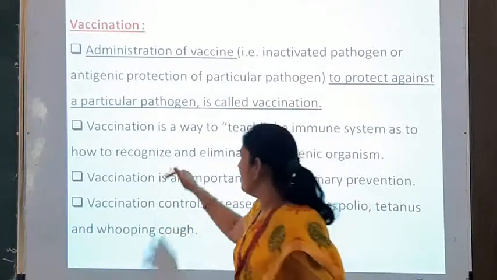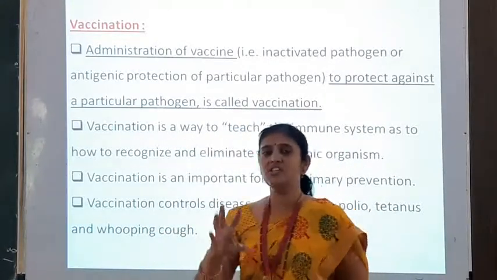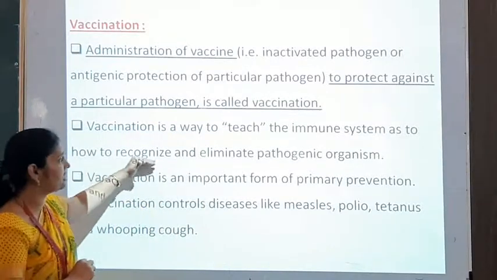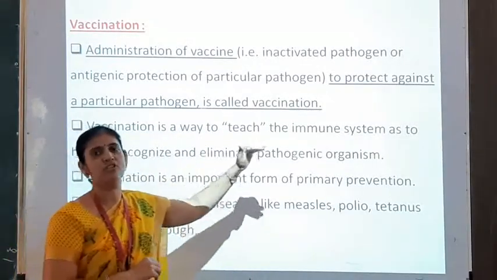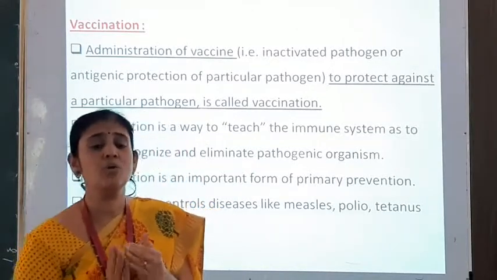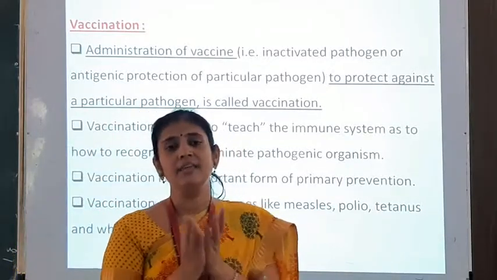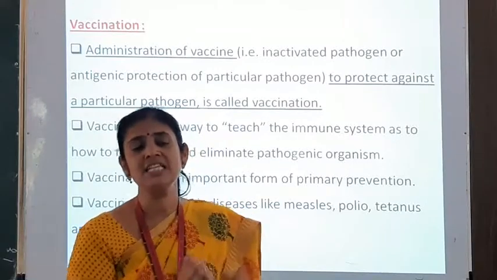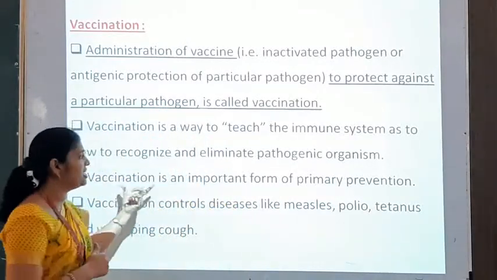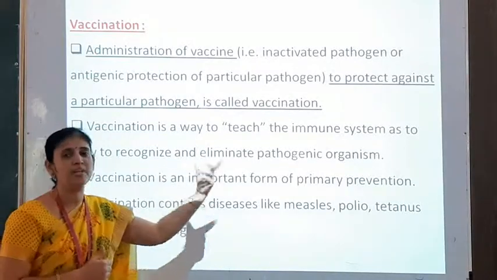So vaccination is a way to teach our immune system to recognize and eliminate the pathogenic organism. How to recognize the pathogen and how to eliminate the pathogen, that should be taught by vaccination to our body. Then vaccination is an important form of primary prevention.